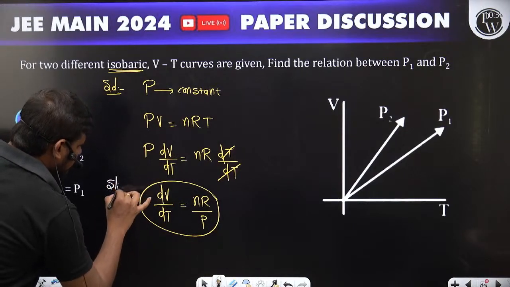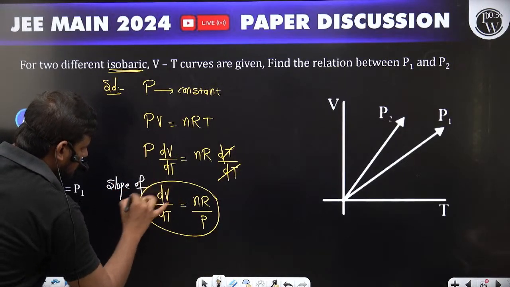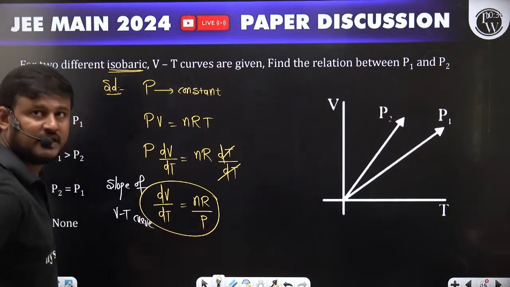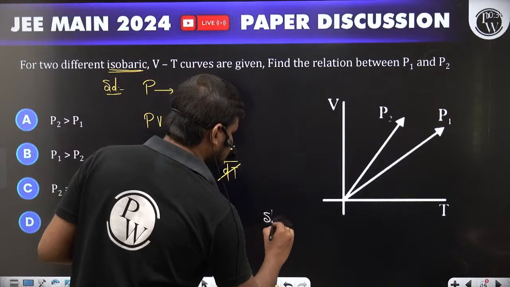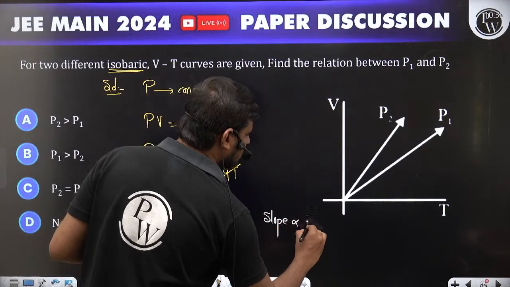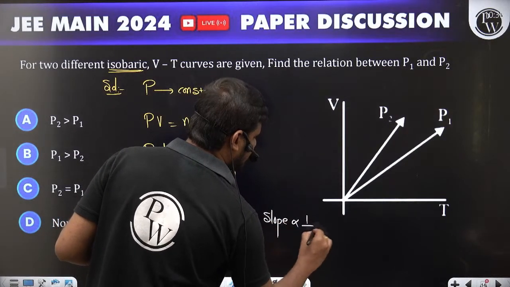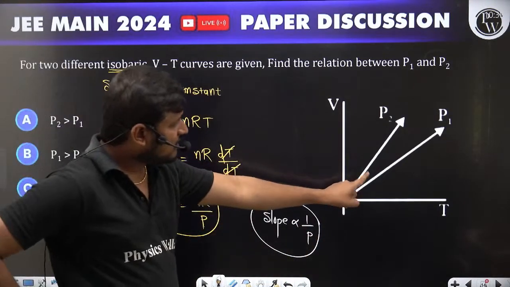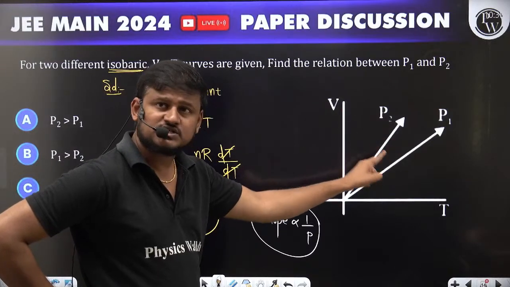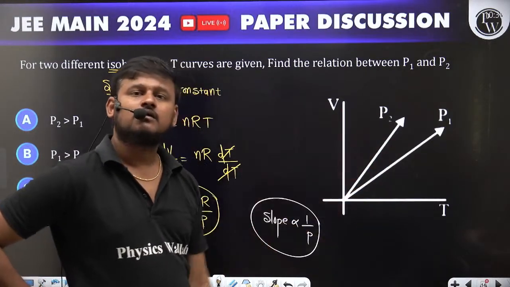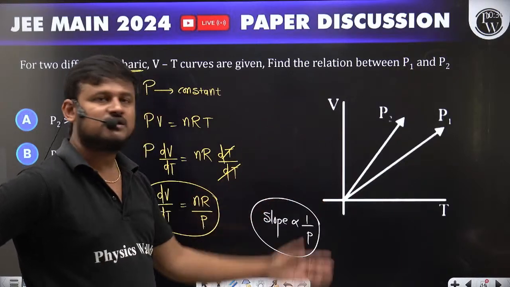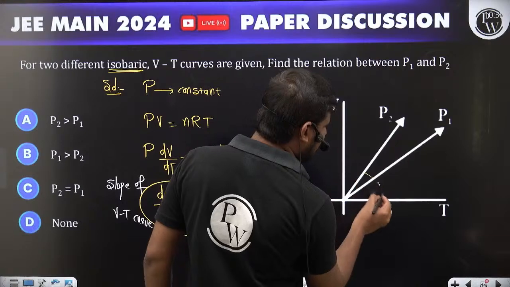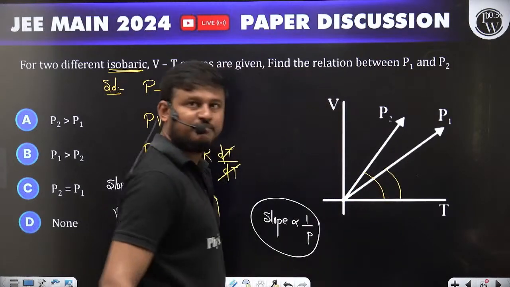So the slope of the VT curve is inversely proportional to the pressure P, according to this equation. Now compare the two graphs: whichever has the greater slope will have less pressure, right? You can see that the slope of P2 is greater than the slope of P1.